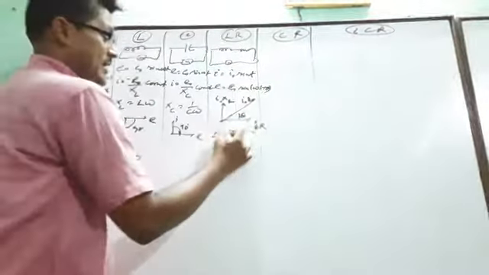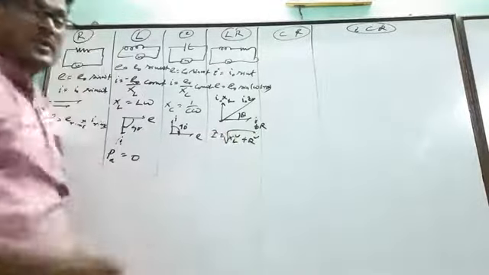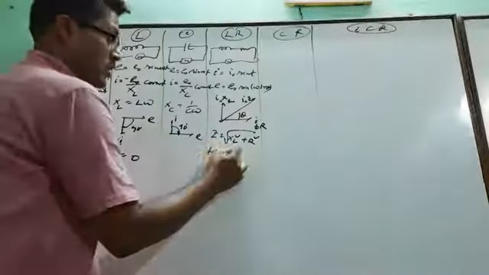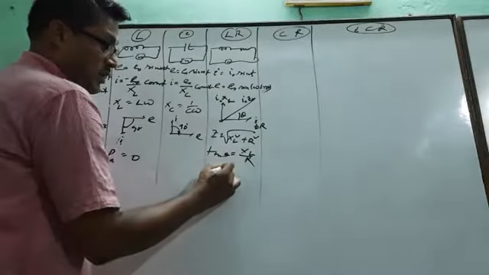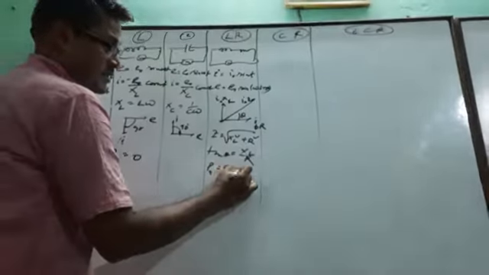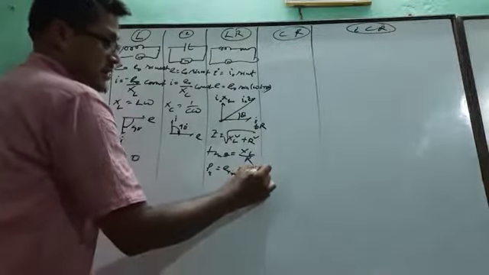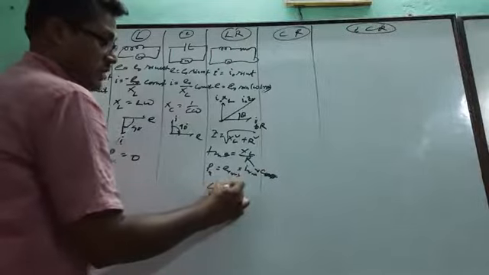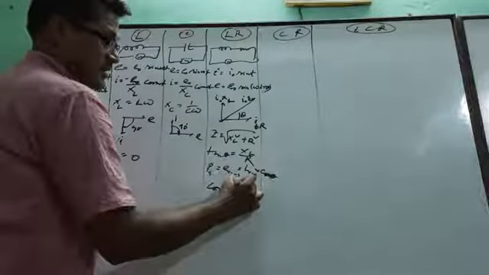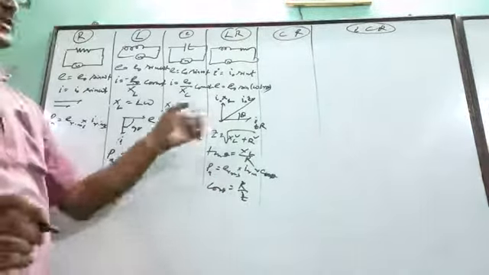Impedance means root over XL square plus R square, and tan theta equal to XL by R. And average power is ERMS into IRMS into cos theta, where cos theta equal to R by Z. Z is the impedance.